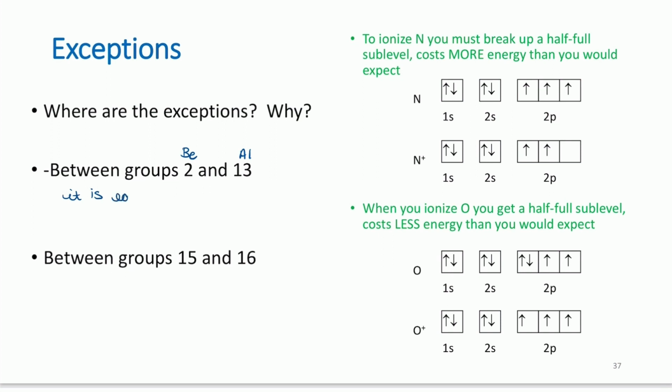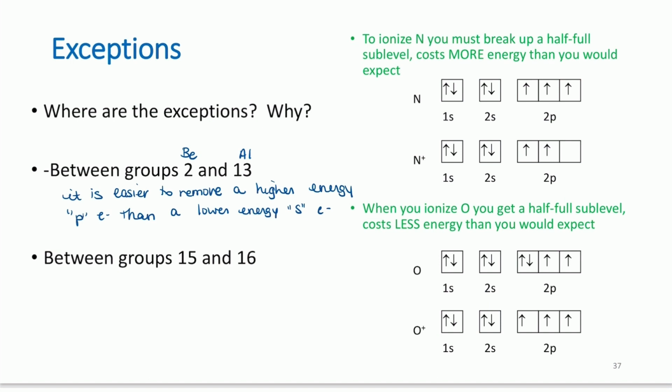It is easier to remove a higher energy p electron than a lower energy s electron. So what I'll find is that going between group 2 and group 13, it's easier to remove that electron.